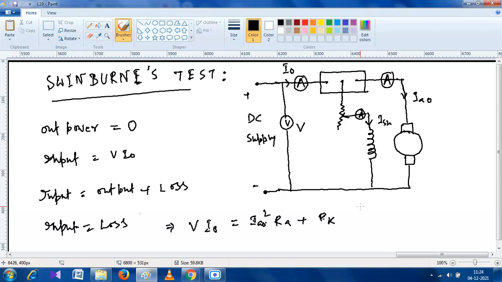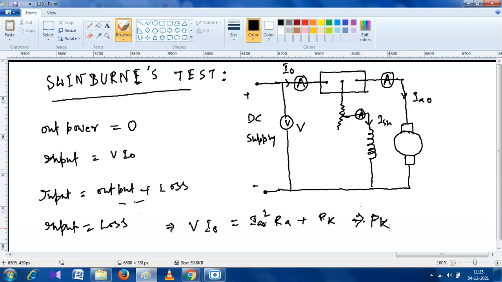And the variable loss is Ia0 square Ra plus VBD Ia0 plus Pk. Though the value of VBD Ia0 is very less, we can neglect that term. So we can write here VI0 is equal to Ia0² Ra plus Pk.